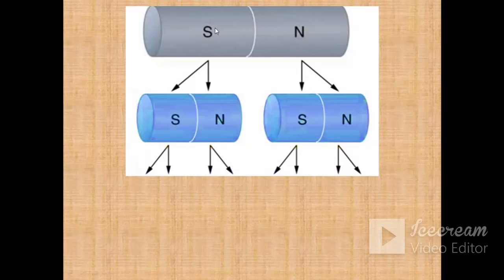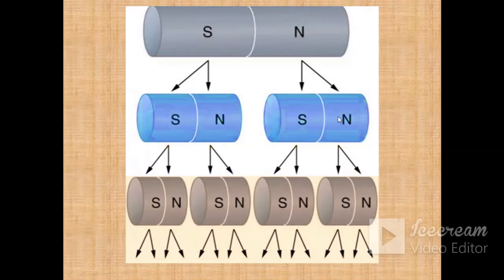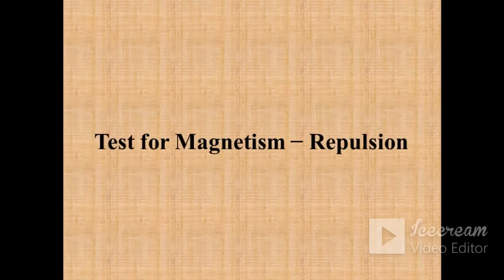Each piece is again converted into a magnet, and it will attain north and south poles. Now if you make even smaller pieces, these smaller pieces again automatically have north and south poles. So from this we can say that poles never exist independently; they always exist in pairs.